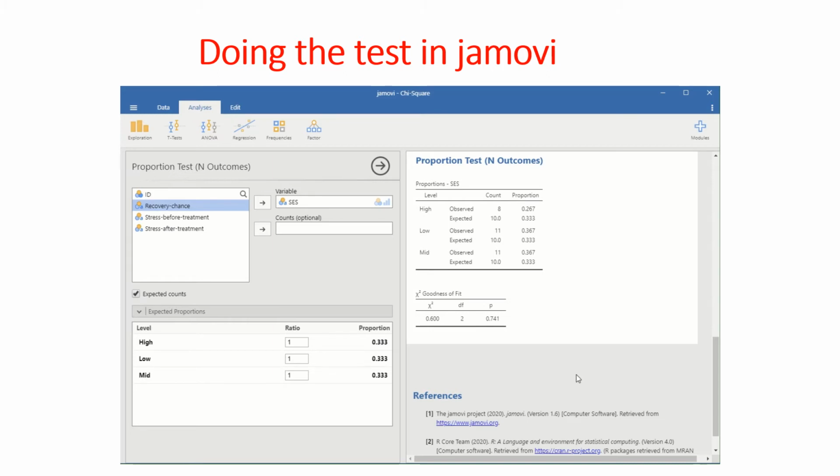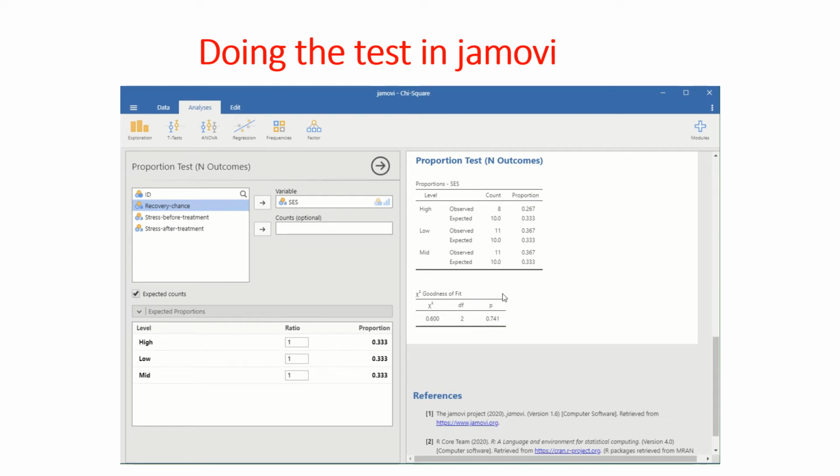So our alpha level was 0.05. So we said that if the p-value is below 0.05, we can reject our null hypothesis. But here, the p-value is above 0.05, it is 0.741.